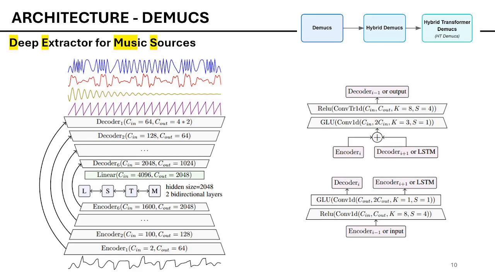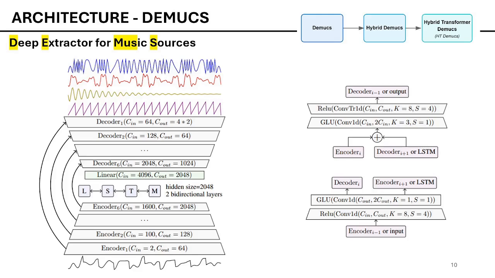The model receives a stereo audio mixture at the sample rate of 44.1 kHz, with audio length of 7.8 seconds. It outputs separate waveforms corresponding to the individual sources of drums, bass, vocals, and other instruments.